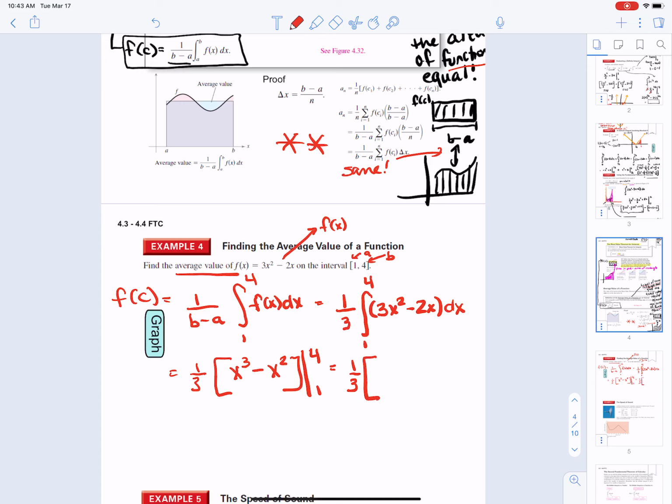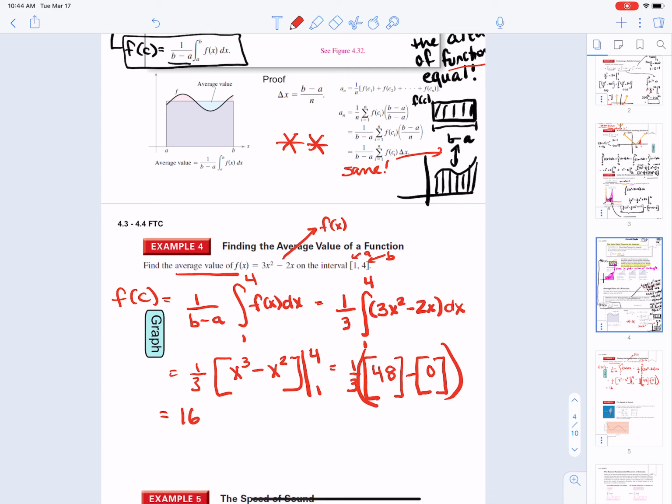I'm going to work out 4 cubed minus 4 squared, which is 48, minus 1 cubed minus 1, which is 0, and that 1/3 is on the outside of all of it. So 1/3 of 48 is 16.